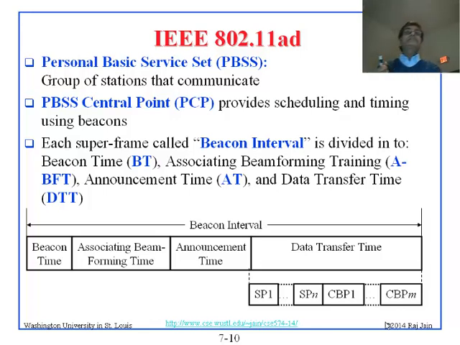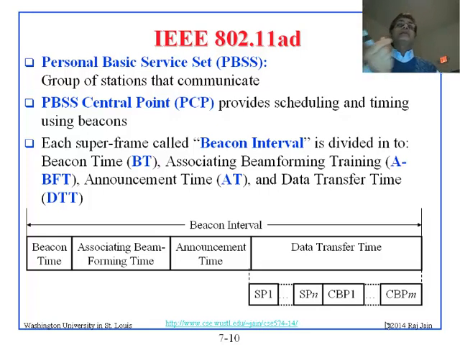Now this is like an access point, but it is not called an access point because you don't buy an access point. You just buy a TV and a DVR, and they should be able to talk to each other. One of them will become the PCP. Any station should be able to do PCP, but not every station will be able to.